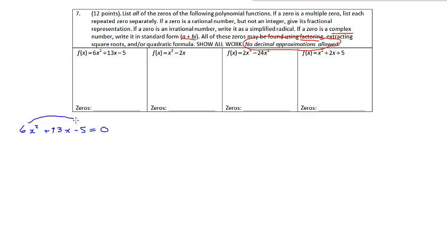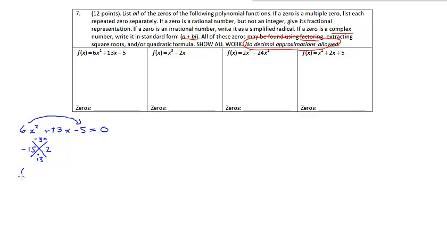Now, this has a leading coefficient more than 1, not 1, so we're going to look for factors of 6 times negative 5, or negative 30, that add up to be positive 13. 15, negative 15, and 2 seem to work.